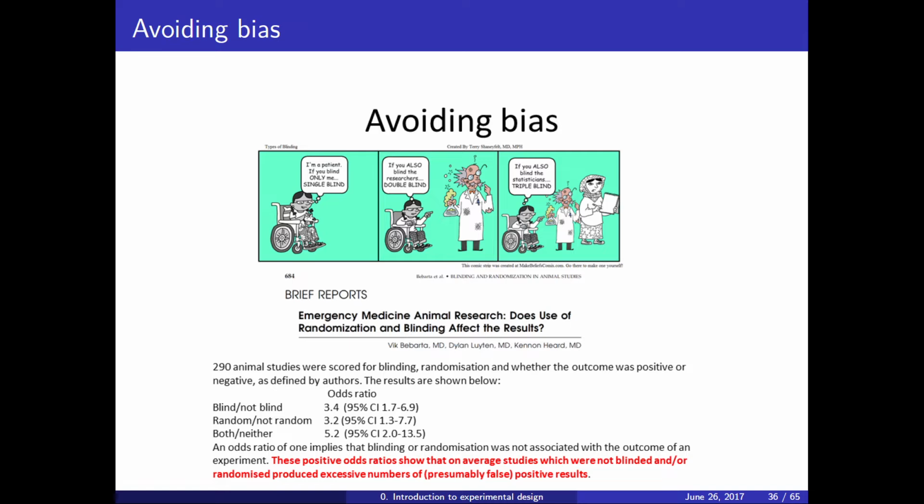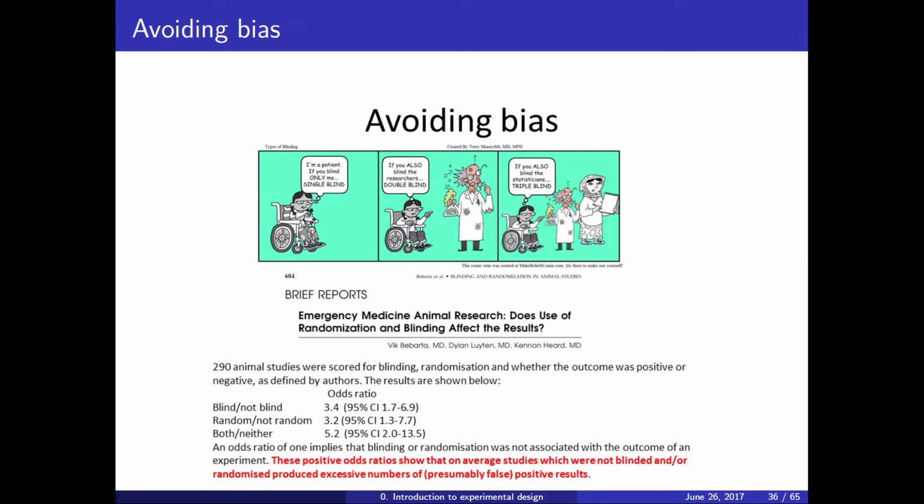So are randomization and blinding important? For instance, in this paper, they analyzed other works about whether they had blinding or not, randomization or not, or both, and they evaluated the odds ratio of declaring a positive or negative result.